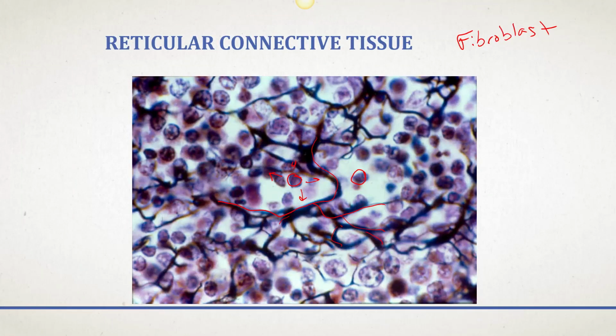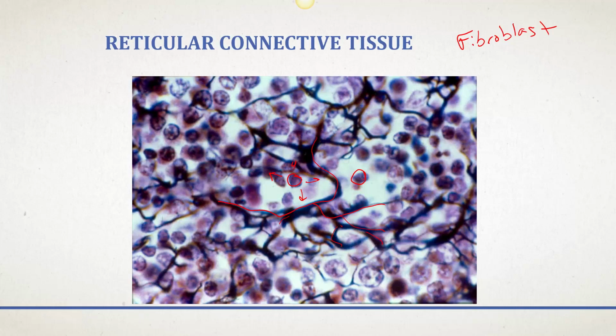So for the connective tissue propers, and we call it connective tissue proper because it actually has the word connective tissue in the name, the major cell type is a fibroblast. So we have dense regular connective tissue, dense irregular connective tissue, reticular connective tissue, and loose areolar connective tissue. So for those four, you can write fibroblast for the major cell type.